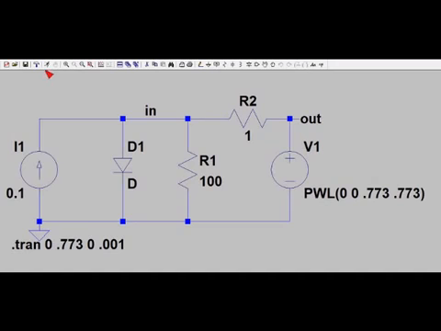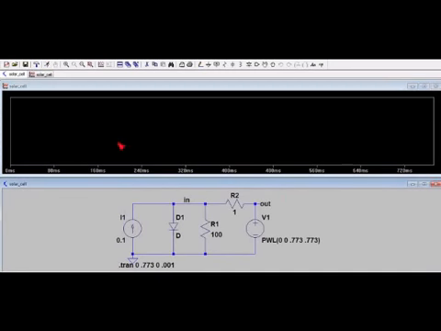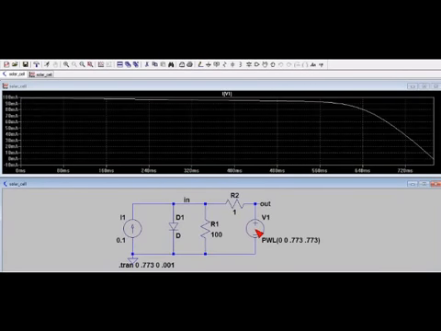Let's do a run here. And let's take a look at this current voltage characteristic of the solar cell. So here we see a current axis. This is the current in a solar cell. We have a maximum current in this particular solar cell of about 100 milliamps.